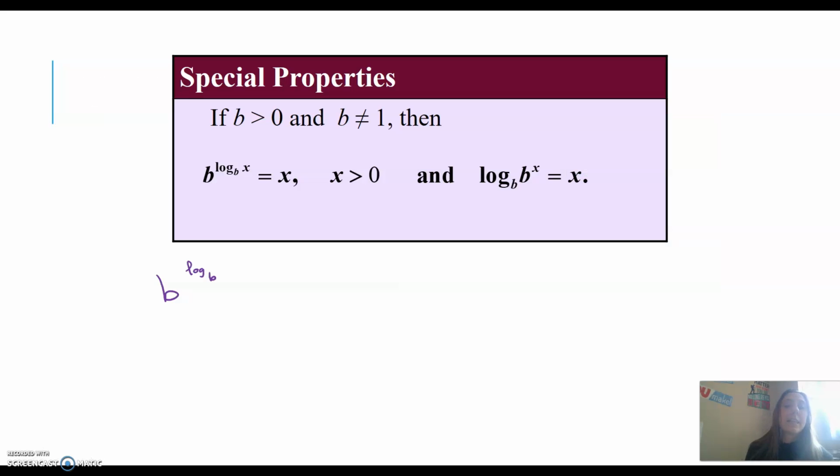All right, here are 3 things that I want you to write down. Something that I do want you to note is that this equals 1. I wish my pen would just work. So b raised to the log base b of x is going to be equal to x.